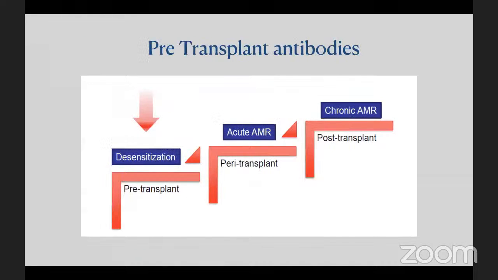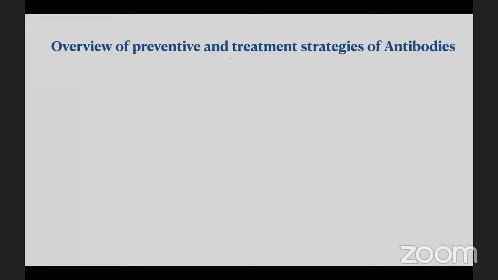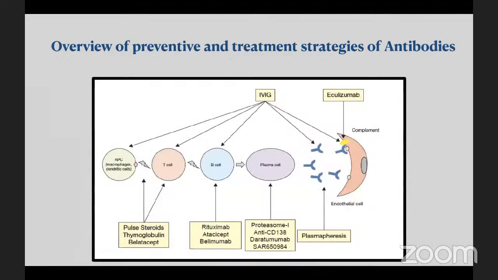getting magnified. Whenever we have a pre-transplant antibody, it is important that we desensitize the patient and make sure that they do not have the antibodies before we proceed to a transplant. So what are the various preventive and treatment strategies for this? We have IVIG, which has an effect on the APCs, including the macrophages and the dendritic cells. It also has effects on T cells, B cells, and the circulating antibodies, and also on the complement binding and the antibody.